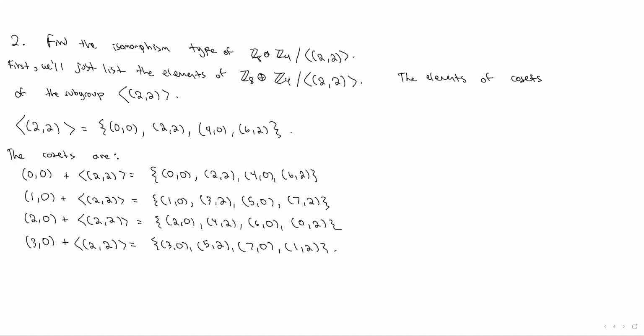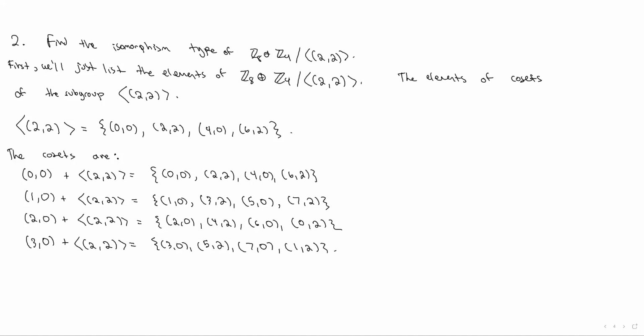Okay, and then we've covered (4,0) plus (2,2). It's the same thing as (0,0) plus (2,2). We've covered (5,0) plus (2,2). It's the same thing as (1,0) plus (2,2), (6,0), and so on. So we've covered all the elements with second coordinate 0 or second coordinate 2.